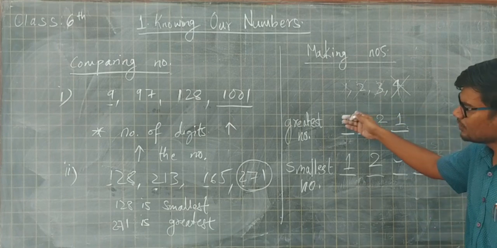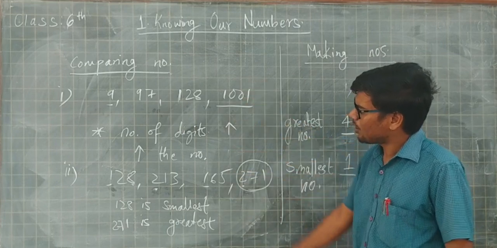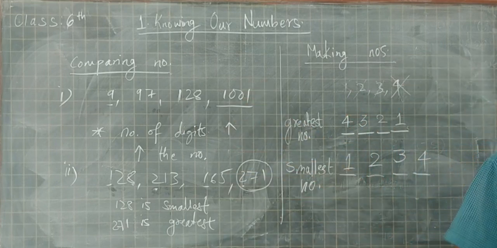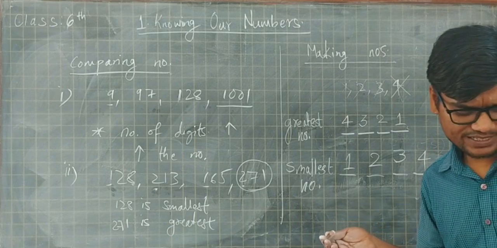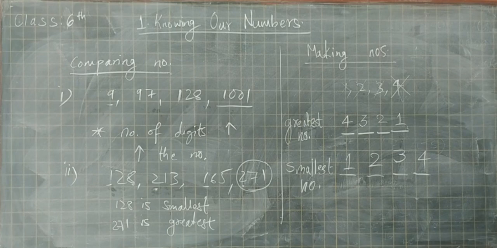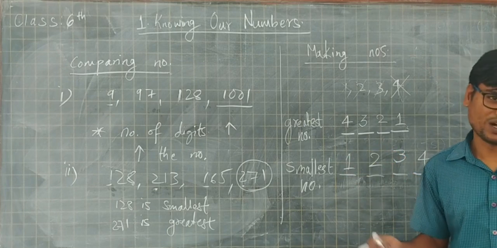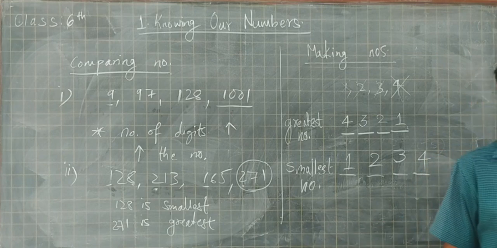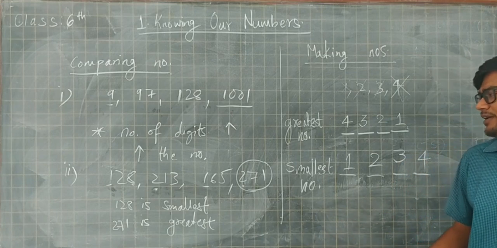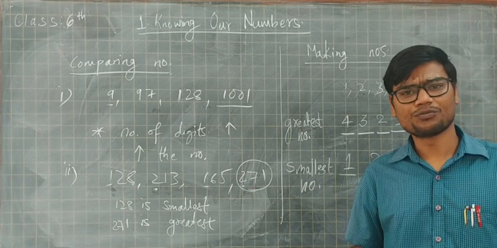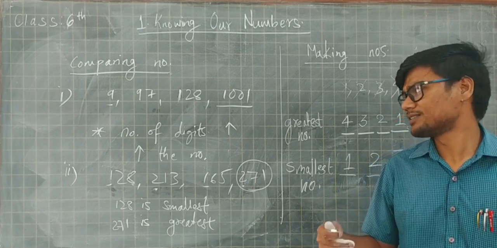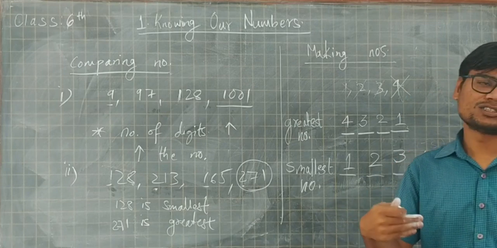Now we learned how to compare numbers, and how to make the greatest number and the smallest number. Now we can use this knowledge about numbers to arrange things. Like when we go to prayer for morning assembly, we stand in the order of increasing height. That is like comparing the heights of the students.